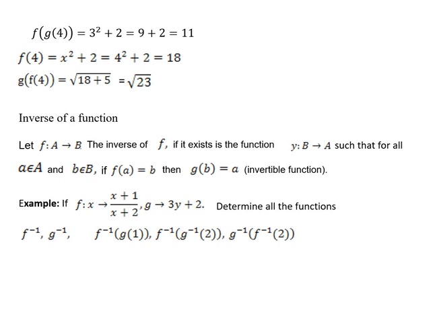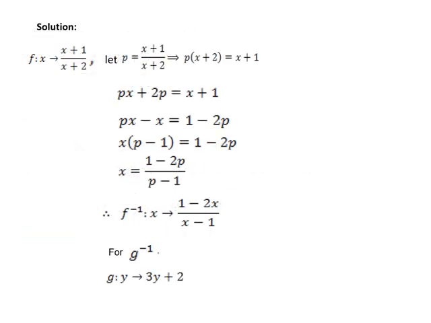For us to check f inverse, we have to get the f inverse of the function given here, where we have a function of s as s plus 1 all over s plus 2. So here, this is the function.